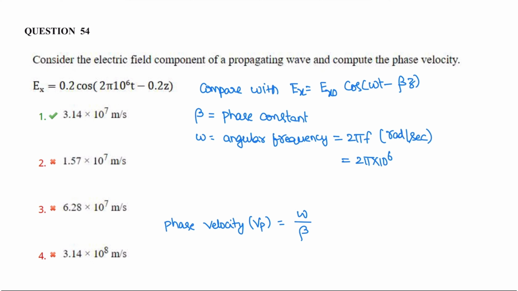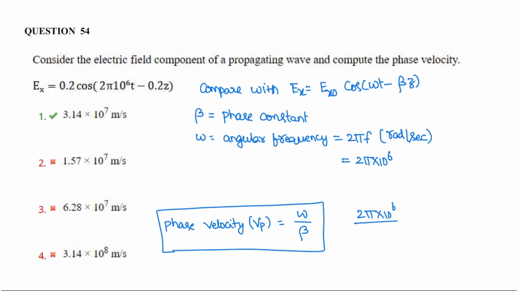Now we know that phase velocity Vp is omega by beta, that is 2 pi into 10 power 6 by beta. Beta value from the expression is 0.2. On calculation, this value is 3.14 into 10 power 7 meters per second. So the value of pi is 3.14. Correct option is 1.